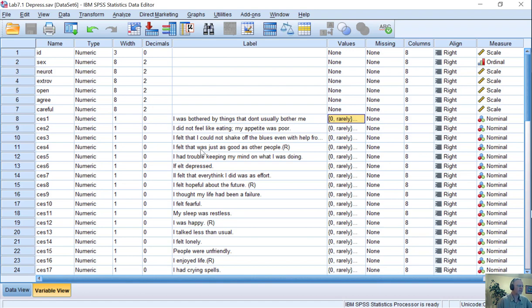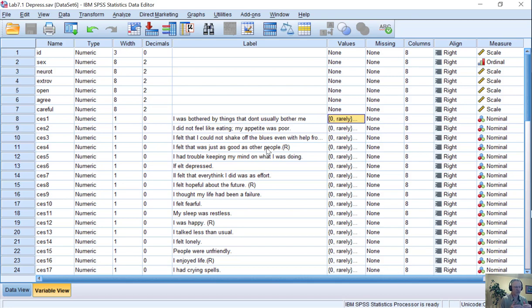I felt that I was just as good as other people. Now that one's a positive item. And so if we put a 3 in there and added that up for our depression inventory, if the person said most of the time, then that would indicate more depression.